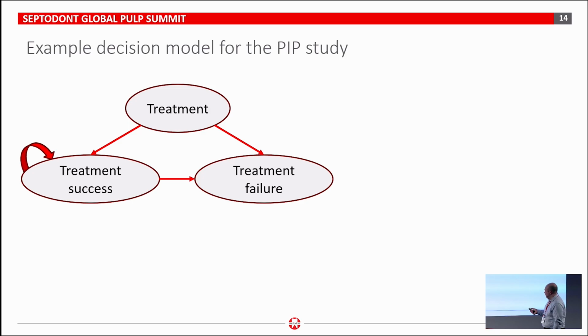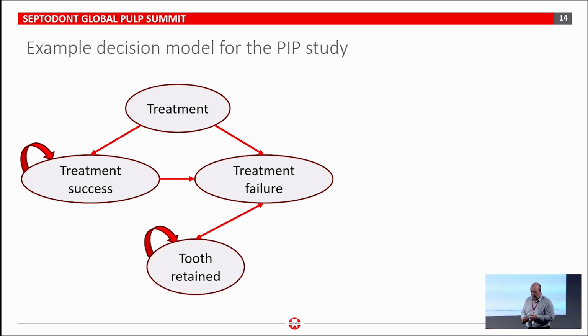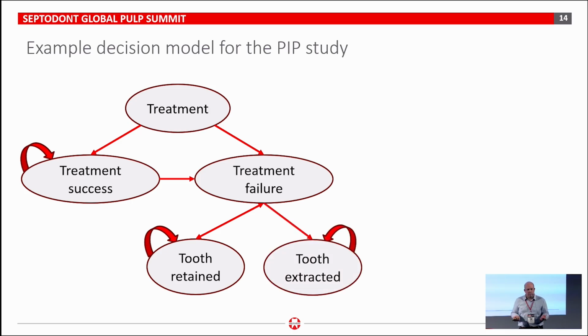We don't want them over here where they incur high costs and poor outcomes. But even if they go here, we want to try and have the tooth retained for longer, or there might be an extraction. So we want to map that whole pathway of care and at each point understand patients' values, quality of life, and cost.